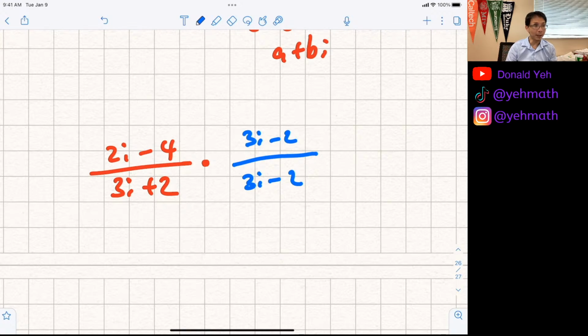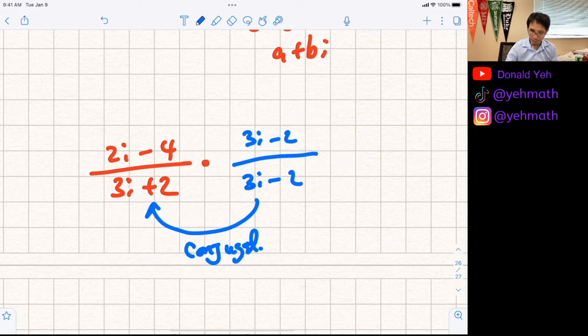What is 3i minus 2 in relation to 3i plus 2? What is that called? Start with a C. Conjugate? Conjugate. So this is the conjugate of the denominator 3i plus 2. It has nothing to do with Spanish conjugate.